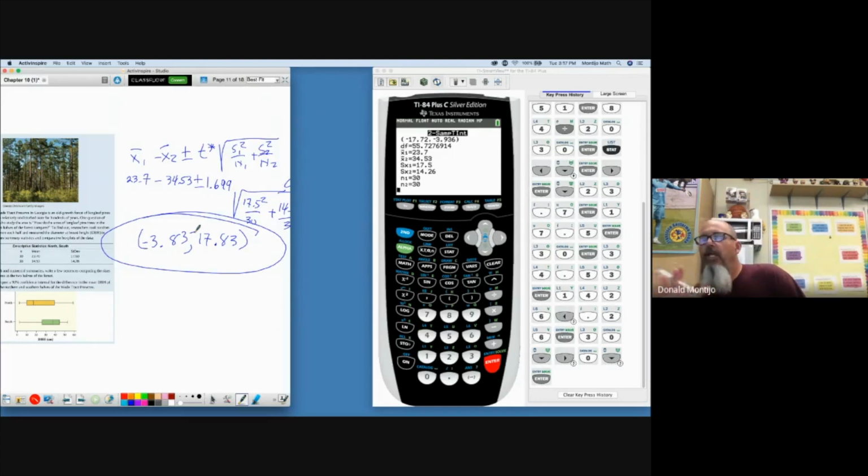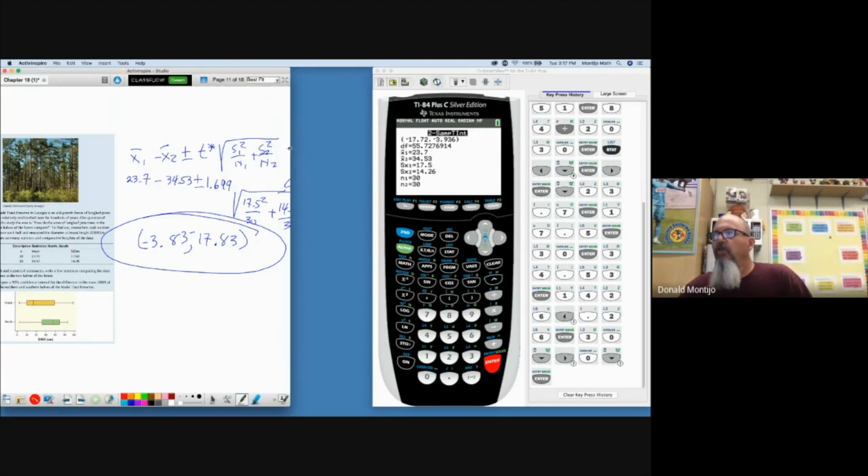Because the calculator keeps more significant digits than we can by hand. When we have the calculator do all the work, it's running like 10, 15, 20 numbers behind the decimal point when we're plugging in only 2 or 3. So that's why there is a difference between the calculator and by hand. Either answer would be 100% correct and get you full credit on any test or quiz or AP test.